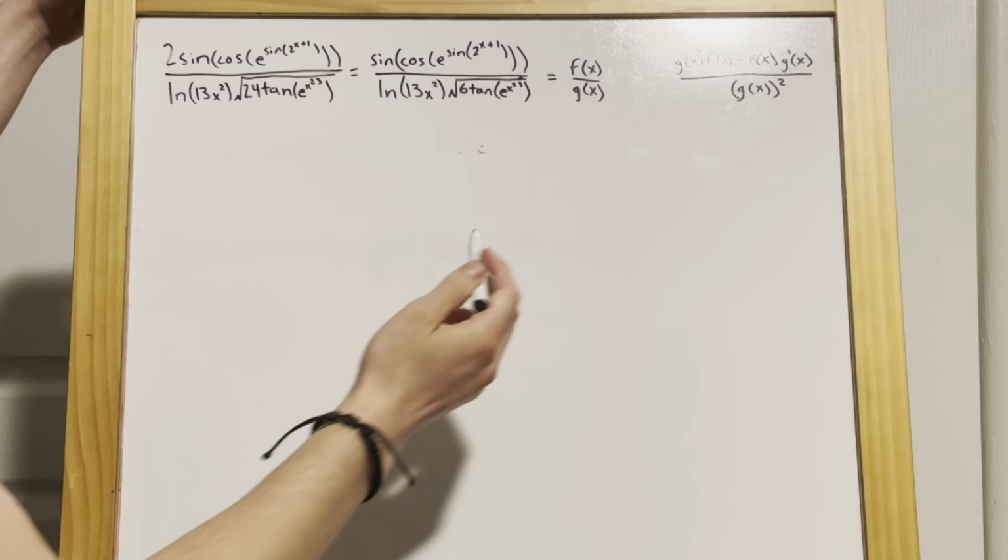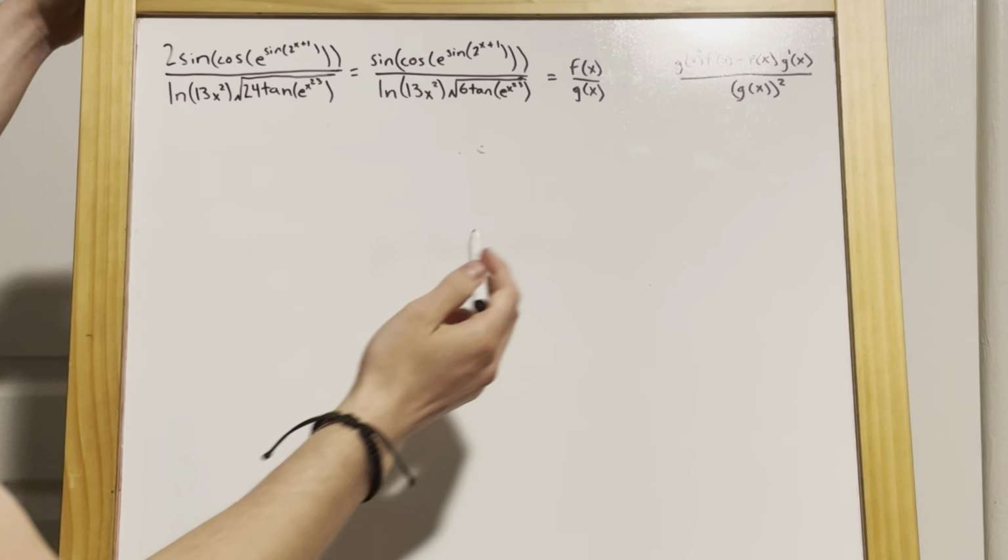And if you notice, for the derivative of this bottom, we have to use product rule because there are two functions being multiplied. So this is our f of x times the derivative of this right here. So times, we're going to use product rule.